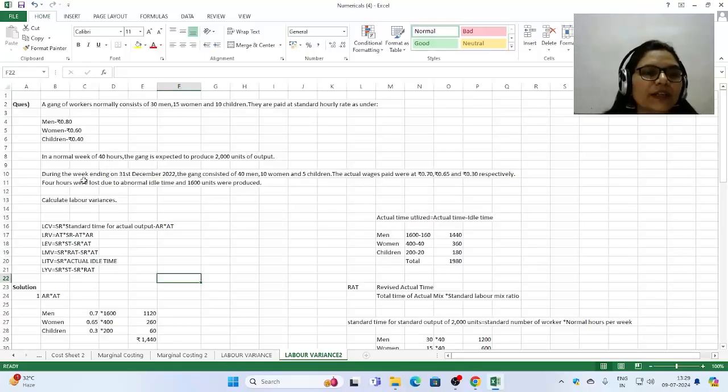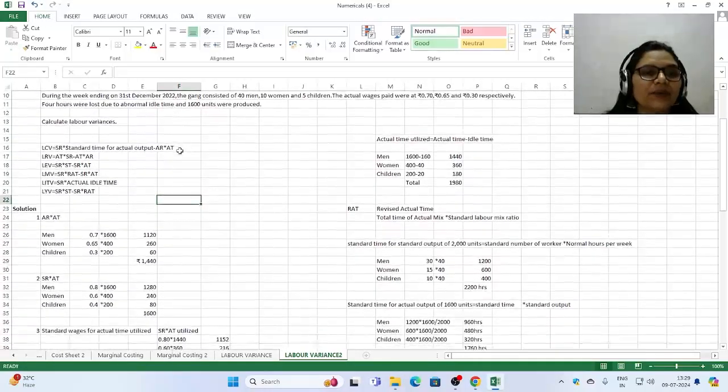Working hours are 40 hours. And now this is the actual composition, 40, 10 and 5, and actual wages are given. It is specifically mentioned that 4 hours were lost due to abnormal idle time and 1600 units were actually produced. So 2000 units were standard output, and this is your 1600 units.